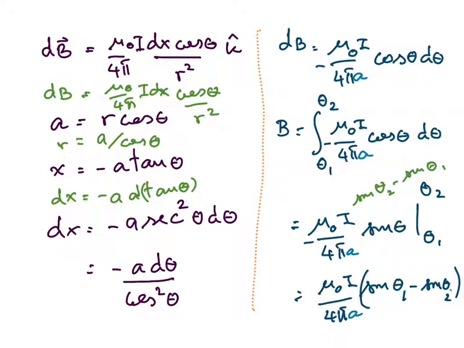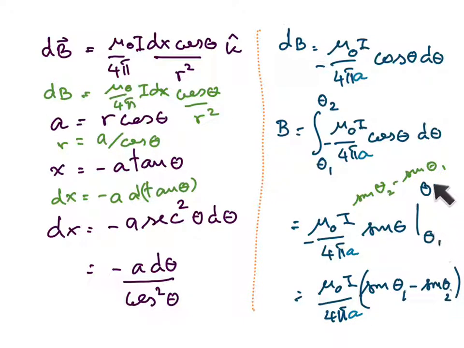Now we can put this negative sign into this term, which we can do by swapping the order of sin theta 1 and sin theta 2. So finally we have that the magnetic field is equal to mu 0 I over 4 pi a of sin theta 1 minus sin theta 2.